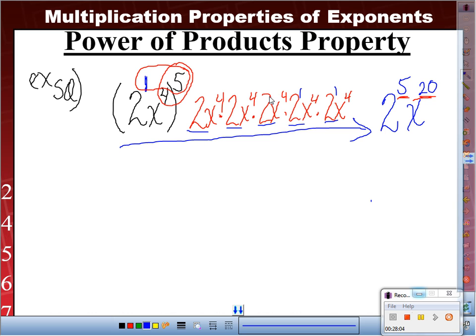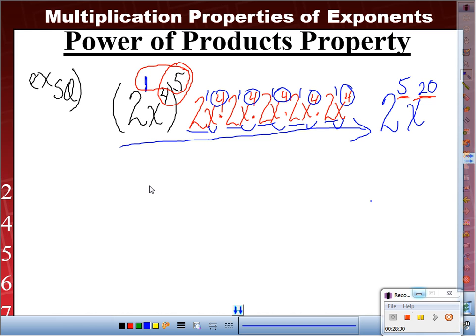What are the exponents? 1, 1, 1, 1, 1. So we just add them, right? 1, 2, 3, 4. Is it 5? Yes. How about x to the 4th? Are they same base? x, x, x, x, x. Yes? 4 plus 4 plus 4 plus 4 plus 4. Is that 20? Yes. So what would you say the rule would be for power of products property?